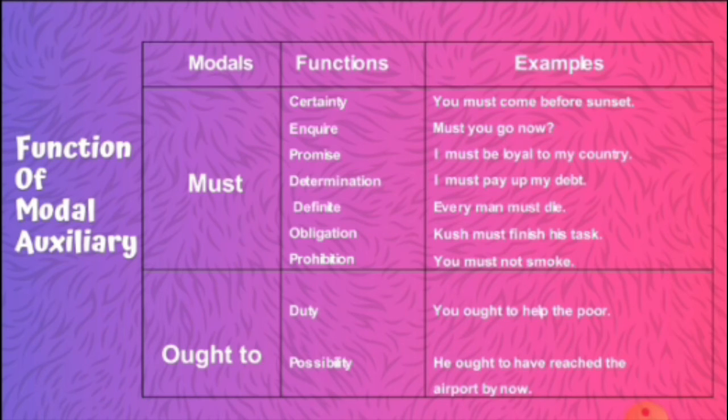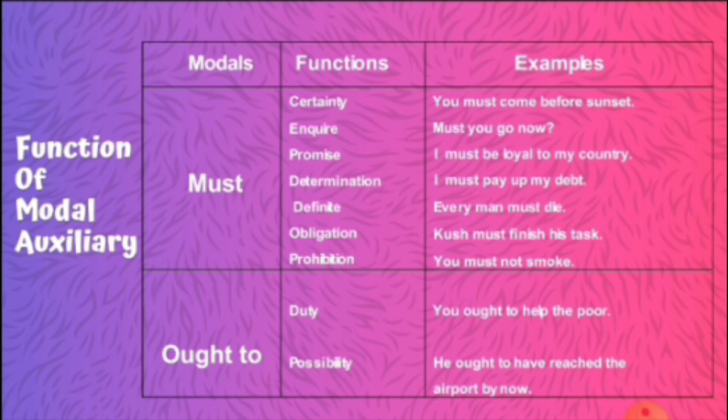Okay, so the next modal auxiliary is must and ought to, where must and should, they are both used for compulsion. But when we use must, there is a compulsion, we are forcefully going to advise someone, or inquire something, or promise something.